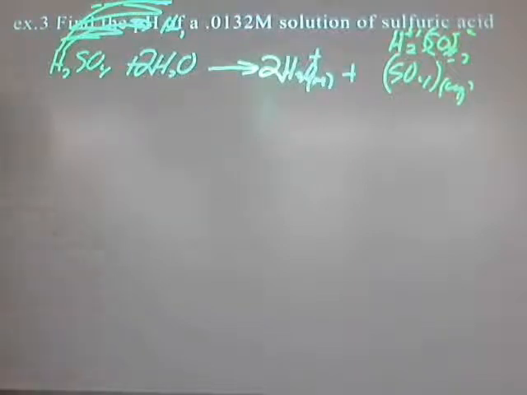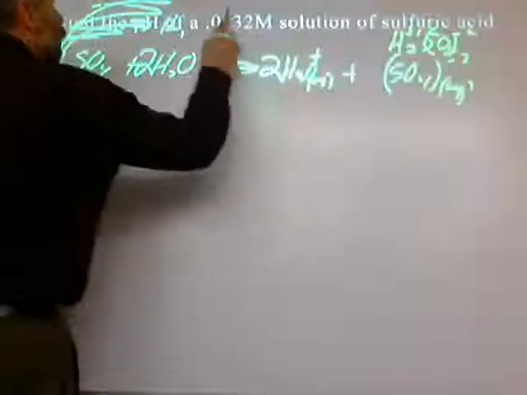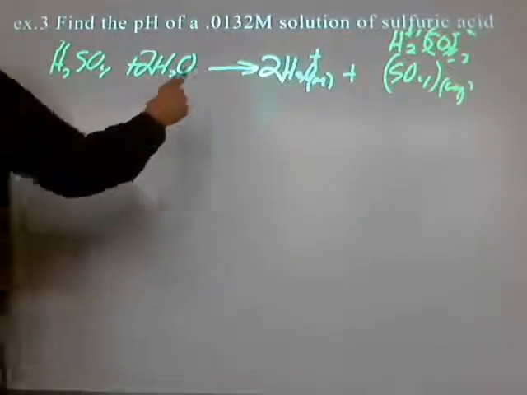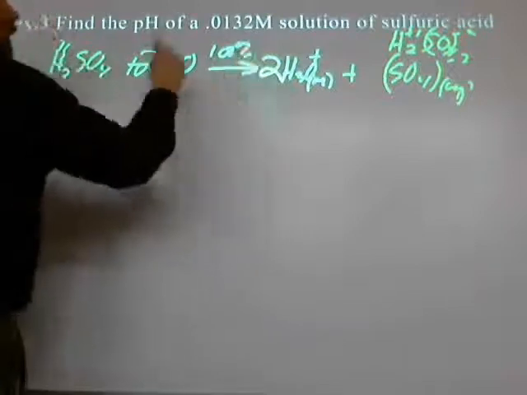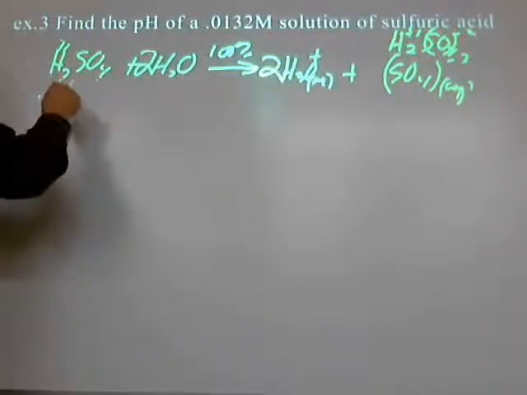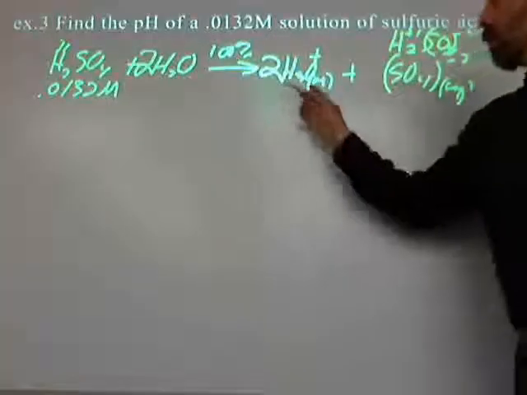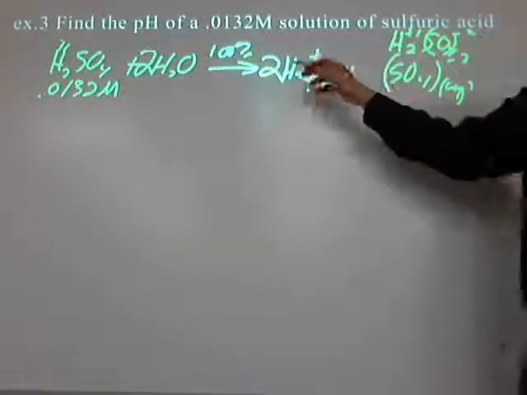Now watch, especially if you weren't here. That makes a big difference because we learned yesterday that this is a strong acid, and 100% of this stuff breaks up. But if I'm given 0.0132 molar of this, remember stoichiometry. That coefficient means something.